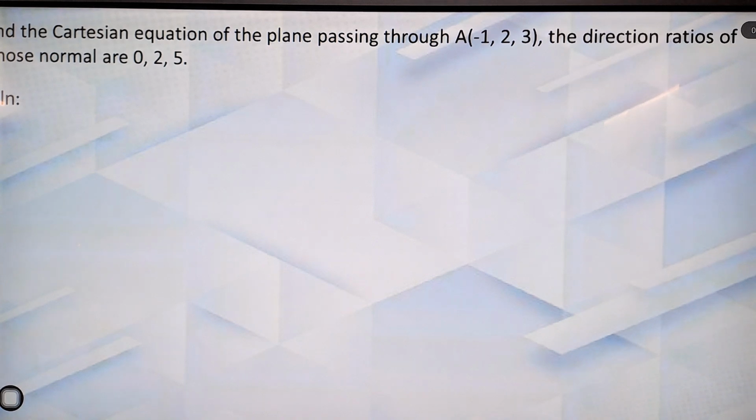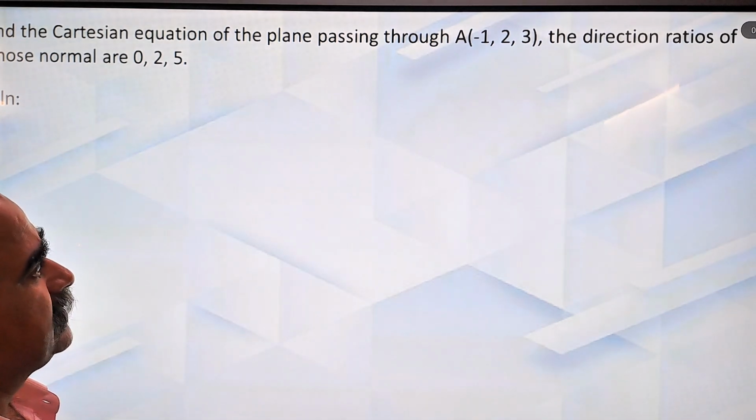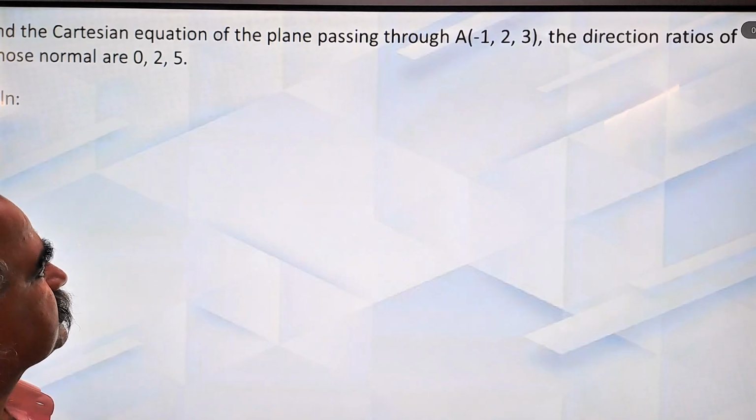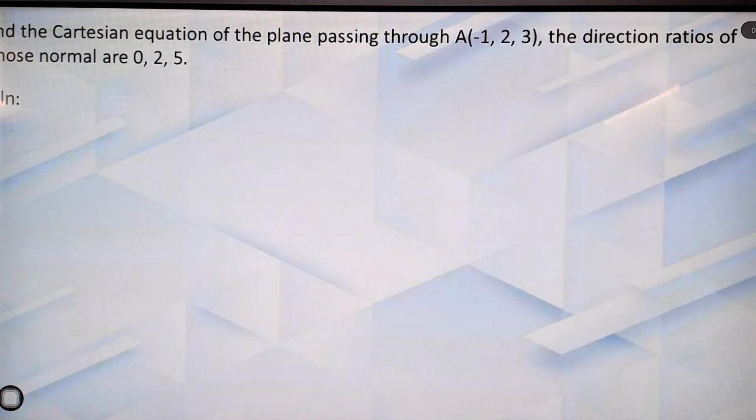Find Cartesian equation of plane passing through A(minus 1, 2, 3) and direction ratios of normal are 0, 2, 5.